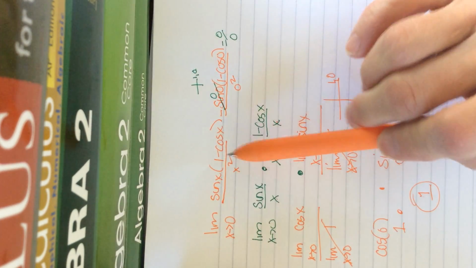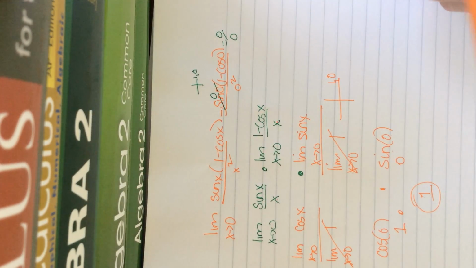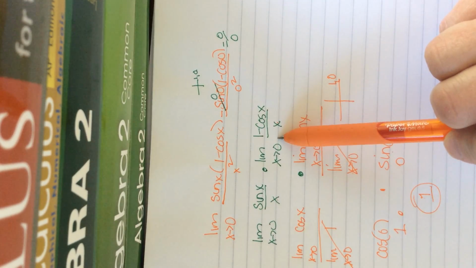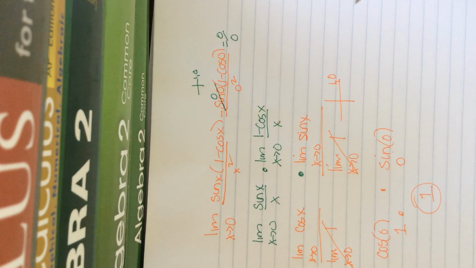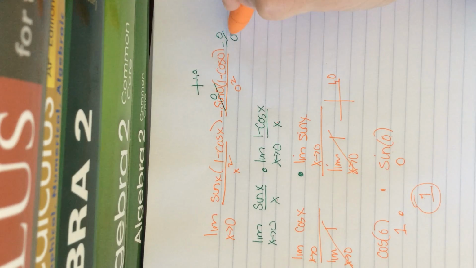So the limit of this expression is equal to 1. And we did that by rewriting the expression and then using L'Hopital's rule. Okay, so remember, L'Hopital's rule only can be used when direct substitution gives you 0 over 0 or infinity over infinity.